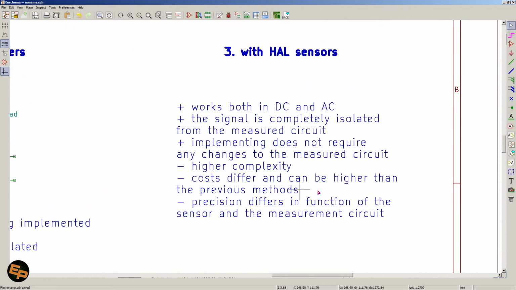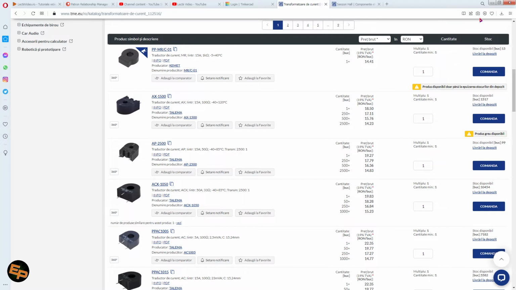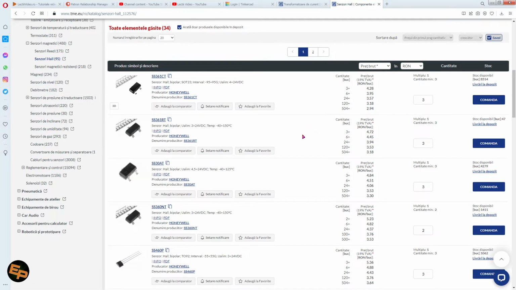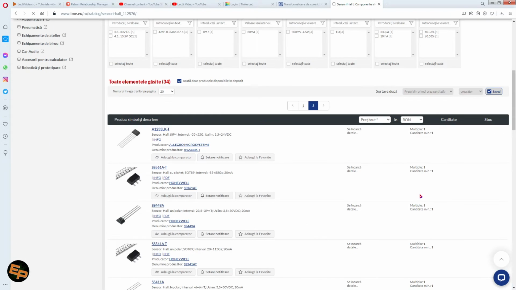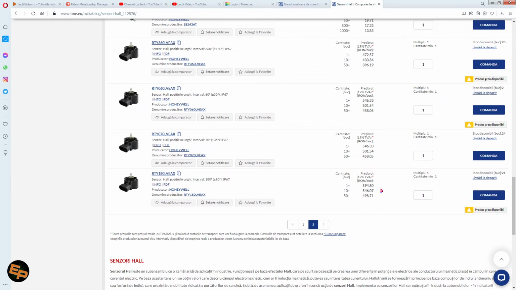The costs also differ and can be higher than the previous methods. Again, it's a matter of relativity, but if we go to the Hall sensors on the same online shop of this electronic part supplier, we can see that the cheapest Hall sensor is something like 80 euro cents, but it quickly goes up to 3 euros, and it can go even higher than that, depending on how good it is.